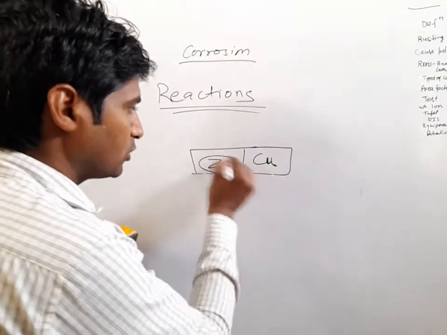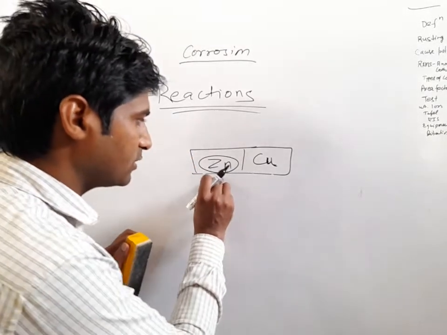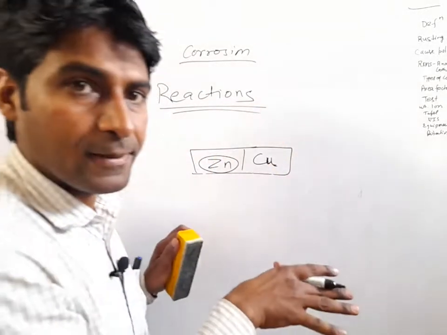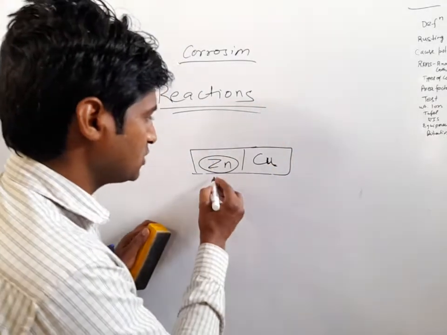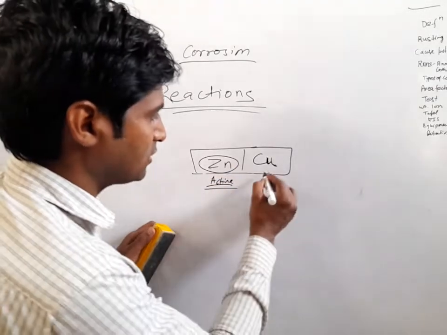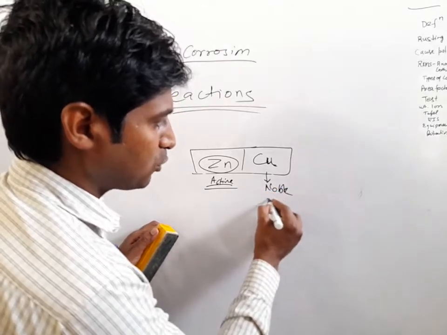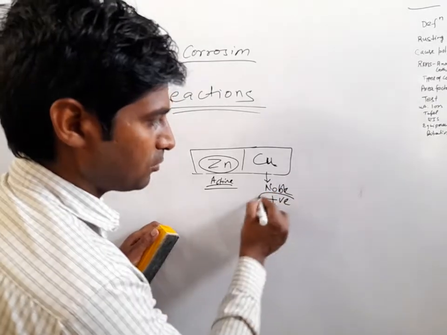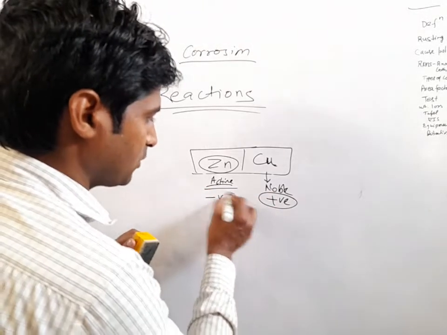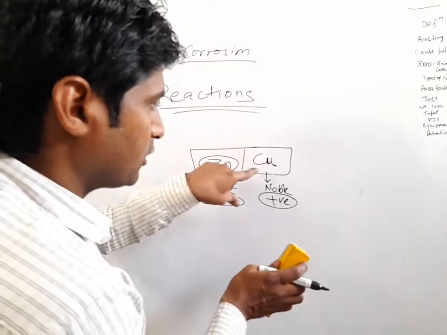Zinc, because it is on the lower side in the EMF series. It shows active potential. Copper shows noble potential, that is positive potential compared to hydrogen, and zinc has negative potential compared to hydrogen. So zinc will corrode as compared to copper.